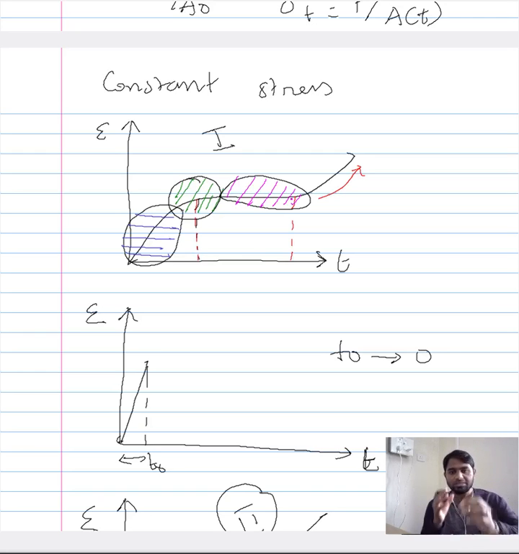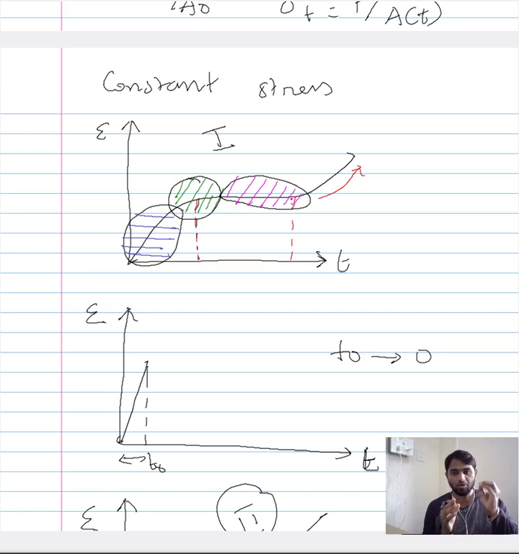So this transient region, which stands between the instantaneous elongation and the constant strain region, connects these two separate sections of the creep curve, and is characterized by an eventual decrease in the slope of the creep curve.